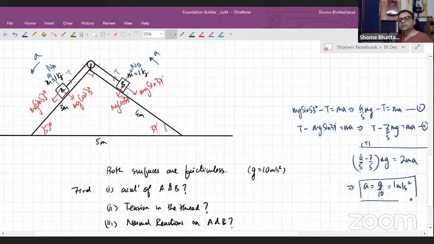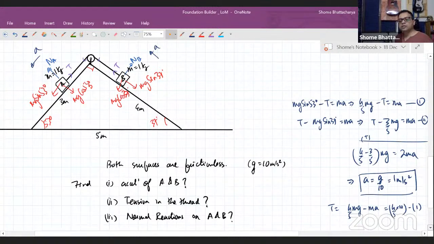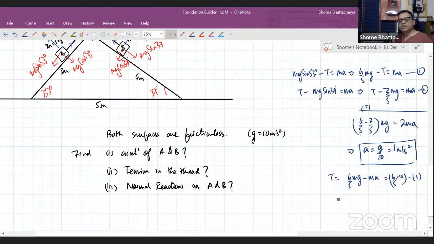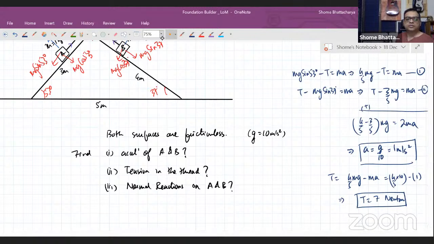Now once you get that, you can also find out the tension. Tension becomes, okay, so 4 by 5 into 10 minus 1. Because the acceleration is also 1 and the mass is also 1. So the tension becomes, how much is it now? 7 newtons. Okay.